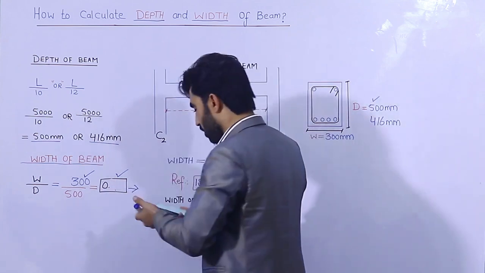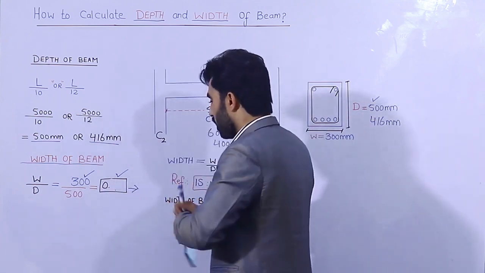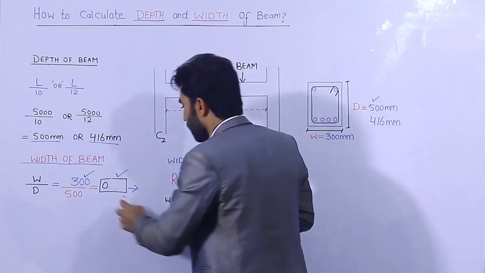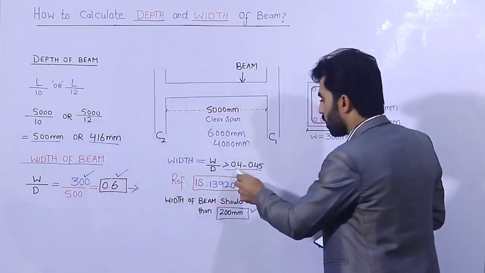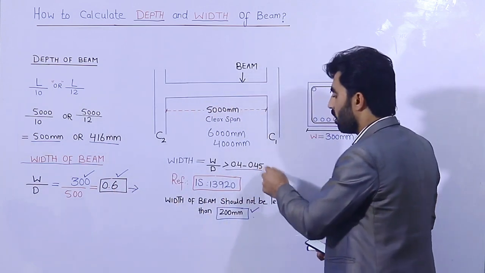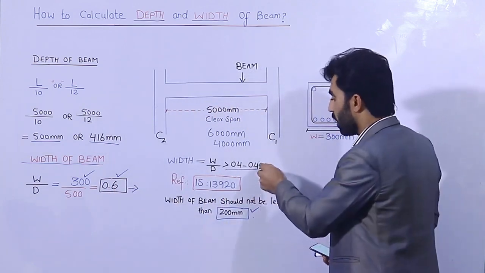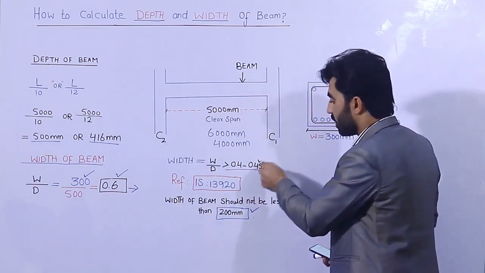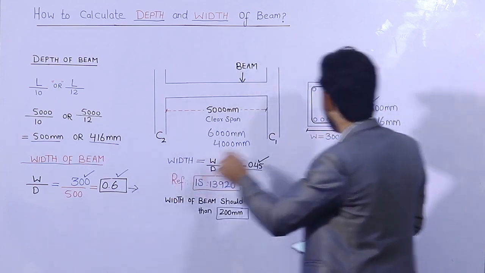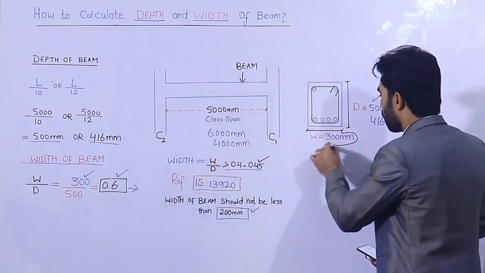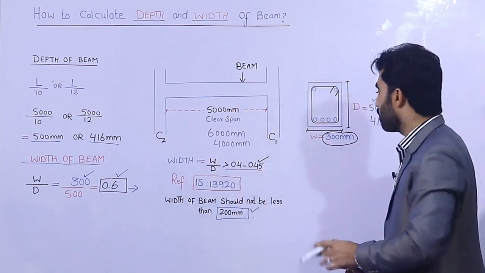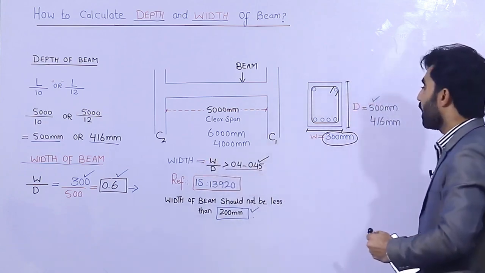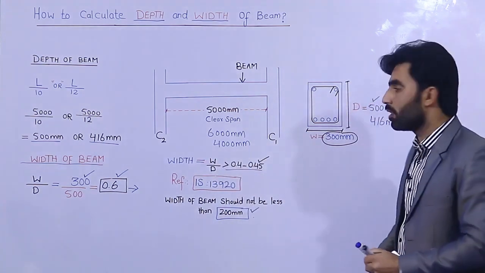This is better than this value, from 0.4 to 0.45. This is safe, but I should put a factor of safety in this. So this is 0.6. So 300 is better than 200 or 250.